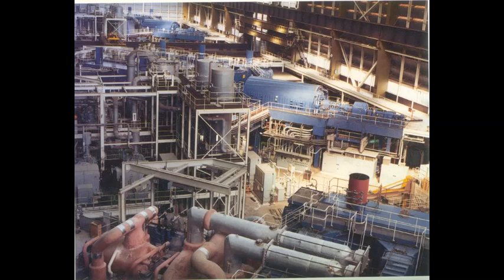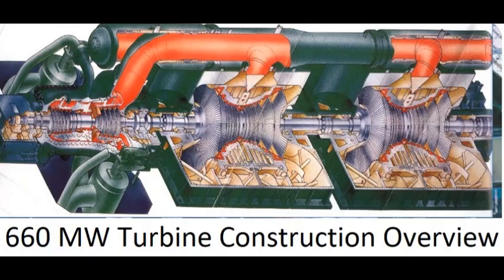In case of the IP turbine, mostly it is dual flow type. That means flow is taking place in both directions from the injection point. And after expansion, this steam is taken to the low pressure turbine.